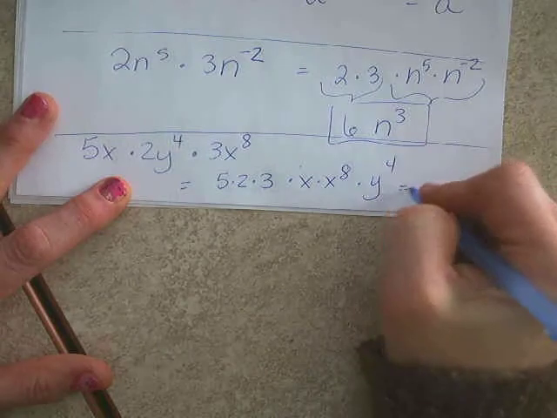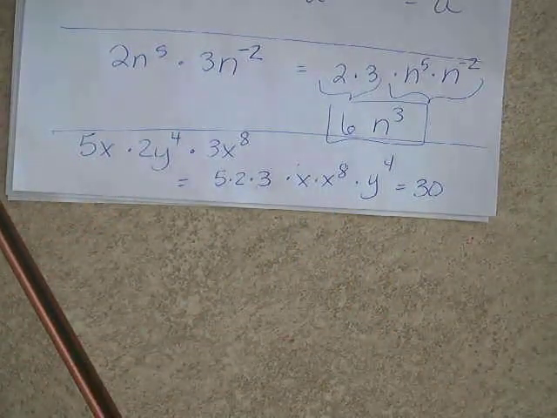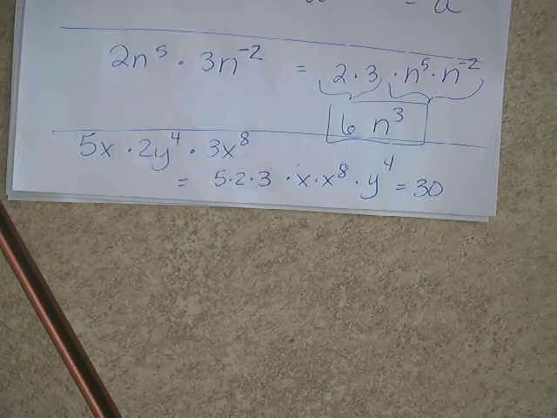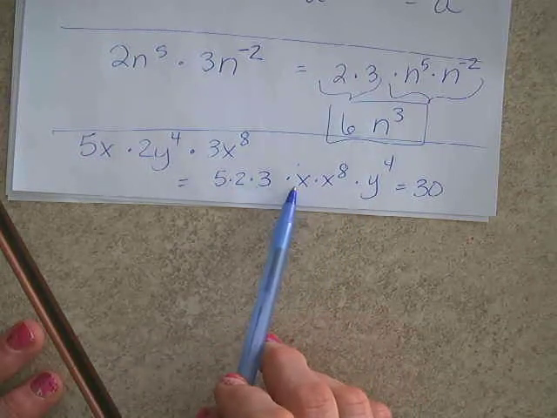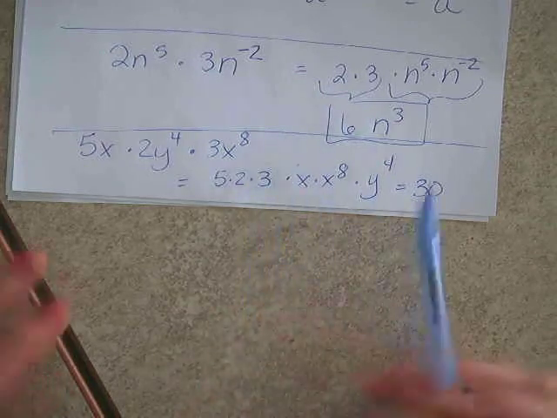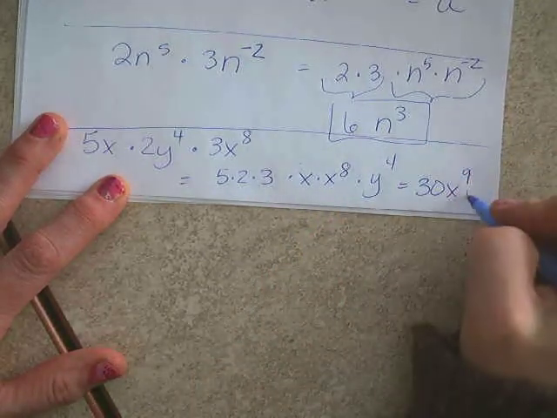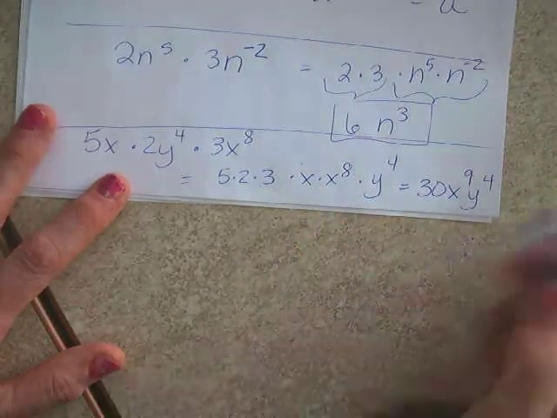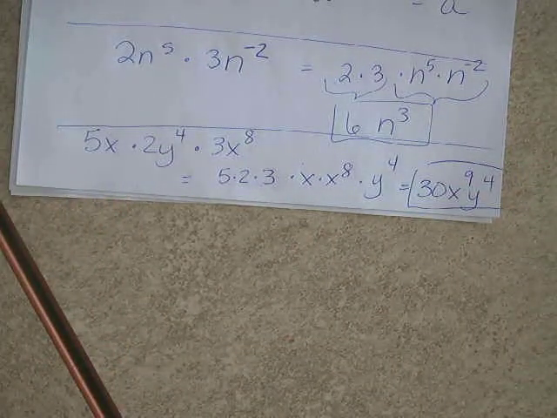So 5 times 2 times 3 would be what? 30. X times x to the 8th. Be careful with this. X to the 9th. Quite often people will say that's x to the 8th. Well, if that x didn't count, it wouldn't be there, right? That's actually a 1. That's an exponent. So you would add 1 plus 8 to get x to the 9th. And then you only have the y term, so that would be your answer.